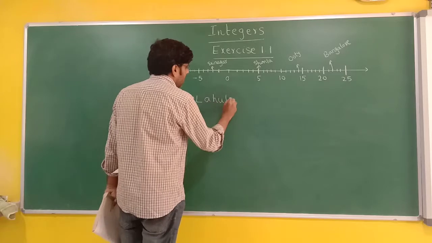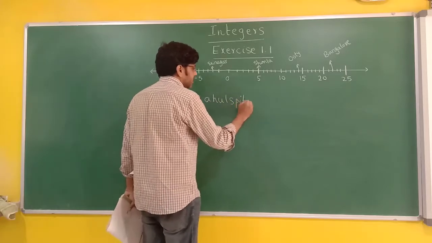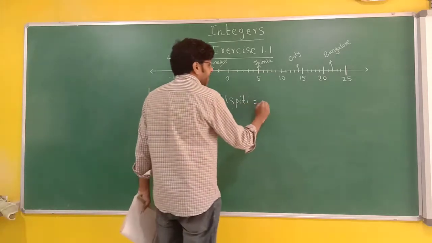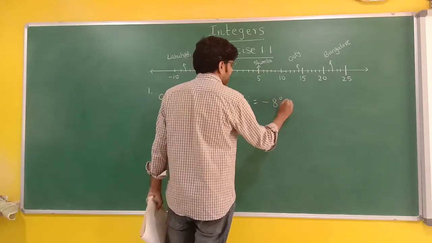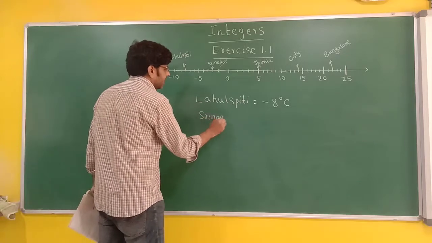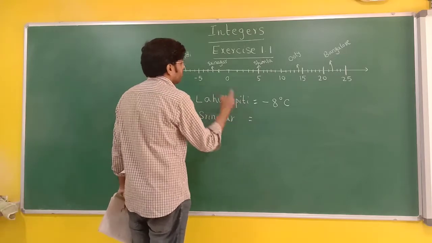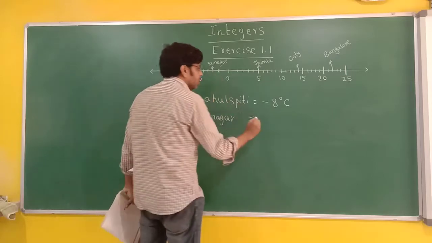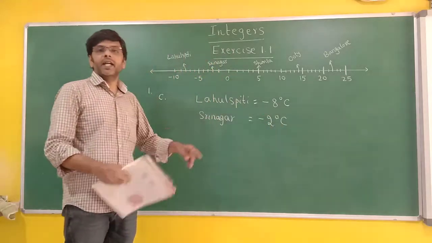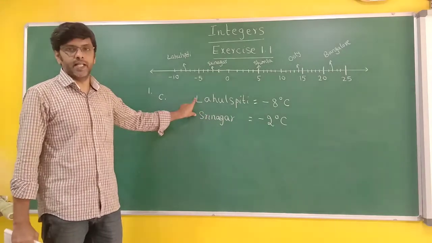Temperature recorded in Lahore Spiti is minus 8 degrees Celsius. And what about Srinagar? It is minus 2 degrees Celsius. Now, we have to find the difference between these two temperatures.